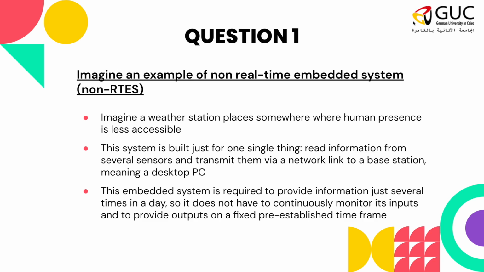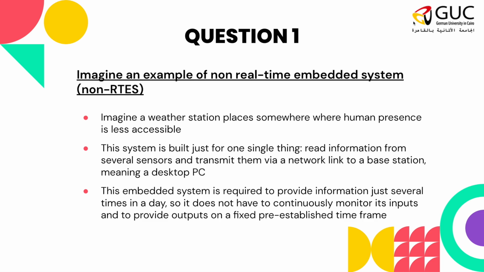No. Therefore, it is a non-real-time embedded system, because even if a change in the environment occurs, the system will be sleeping, because it only reads the data across several time periods, not continuously. It is very important that real-time systems are continuously reading and monitoring the environment.